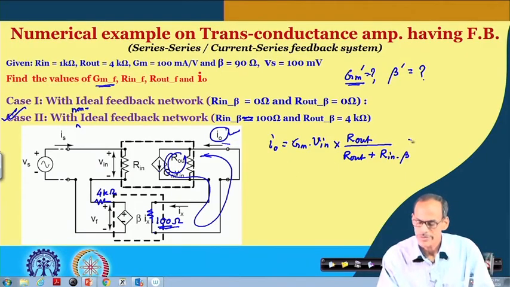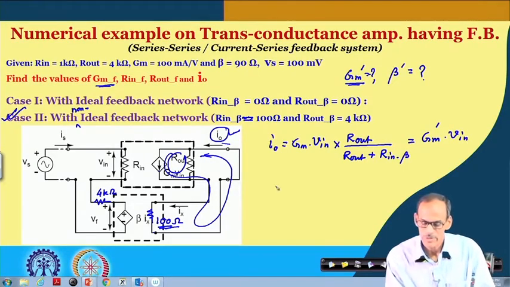So, we can say this is the GM dashed into V in, where GM dashed equals GM, which is 100 milli, into R out, which is 4 divided by 4.1 k.